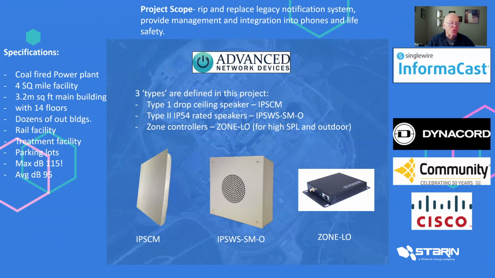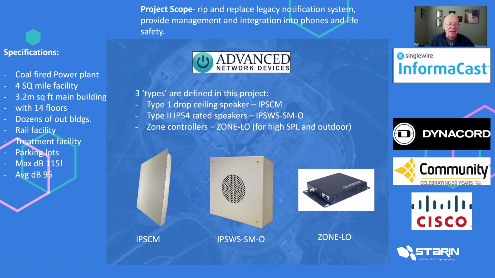Then we set up 3 different types of devices for Advanced Network. We have the administration offices around the facility that are running the ceiling tile drop-in speakers. Then we have the IP54 rated speakers that are being used in all of the low and mid volume, or mid SPL, locations throughout the facility.